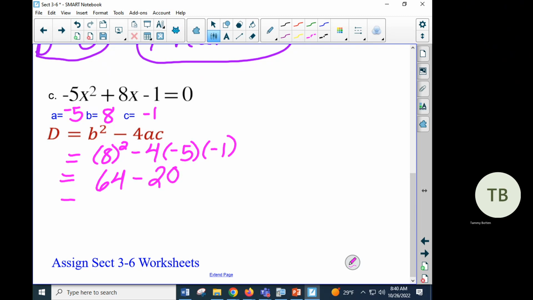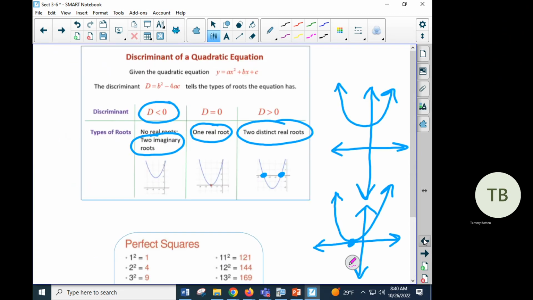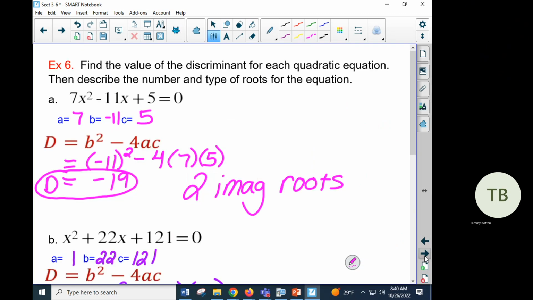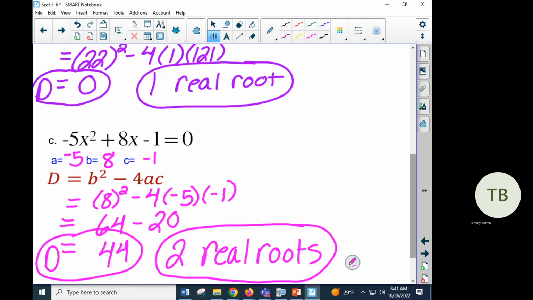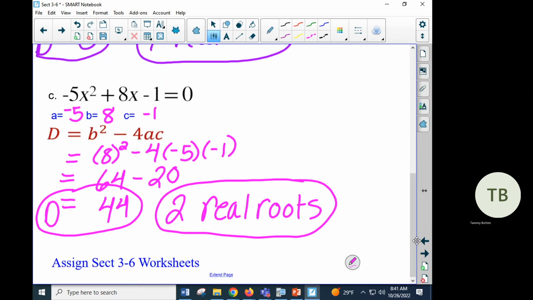Did you guys get 44? Does that sound right? Okay. So this one is positive. When it's greater than 0, you don't really have to say distinct. You can just say 2 real roots. And that would mean it crosses the x-axis twice.